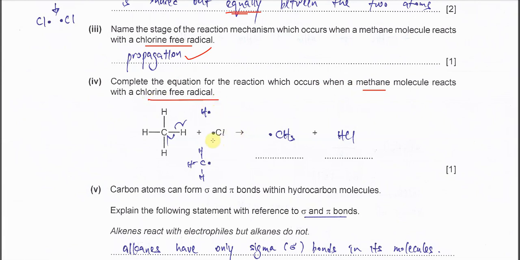So when the chlorine free radical approaches the methane, it will undergo homolytic fission. Means 1 electron moves to H from this hydrogen, forming a hydrogen radical, and 1 electron moves to the carbon to form the methyl radical. And we know that the HCl must form.